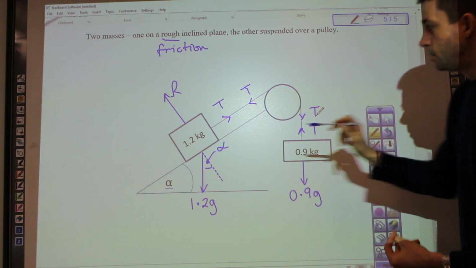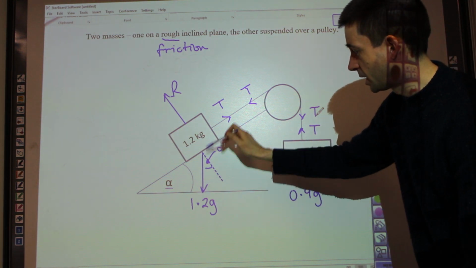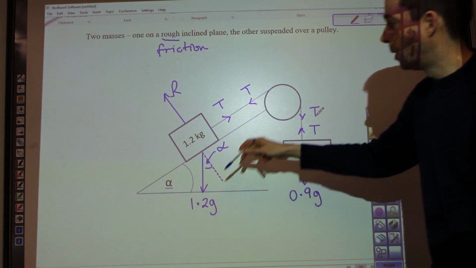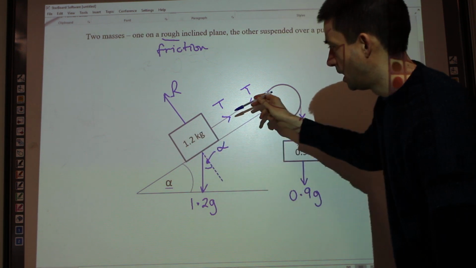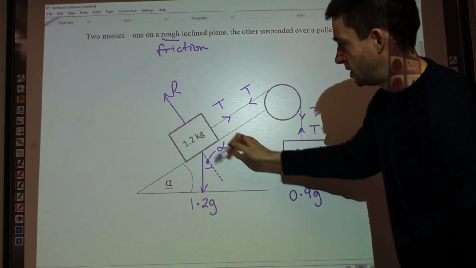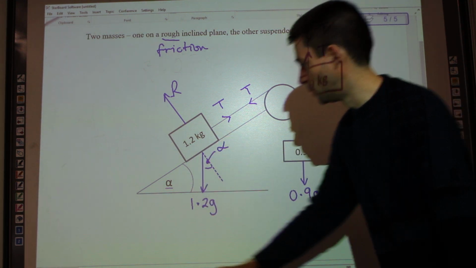Now, going back to this, because the weight of this block is going directly downwards, when we come to look at the motion of this particle, because it's going to move this way on the plane, we need to consider the perpendicular and parallel components of this force.